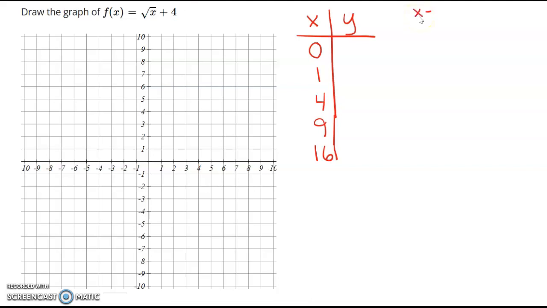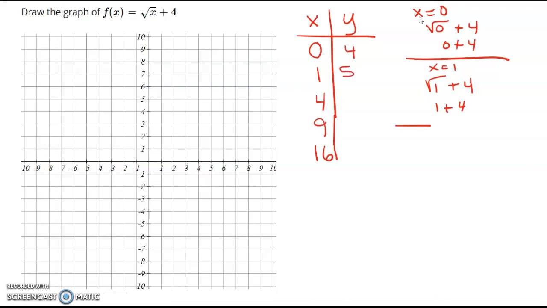So when we have x equals 0, we're going to have the square root of 0 plus 4. Square root of 0 is just 0, so 0 plus 4 gives us 4. And then we'll go so on. X equals 1, square root of 1 plus 4, square root of 1 is just 1, plus 4 we get 5.